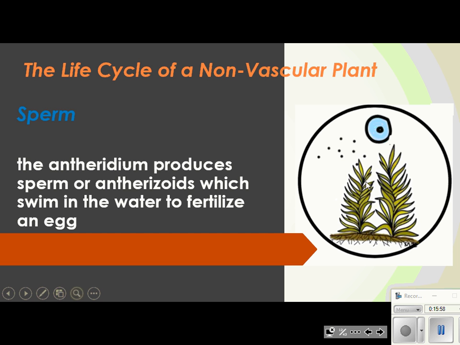So this one is the egg, and this is the sperm of the gametophytes. Little dots are the sperm. The big blue dot is the egg.